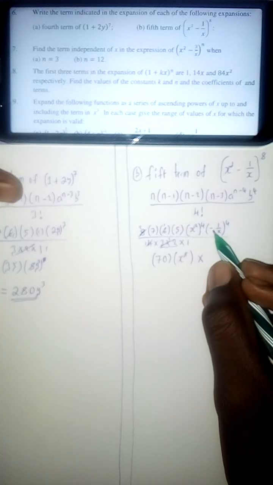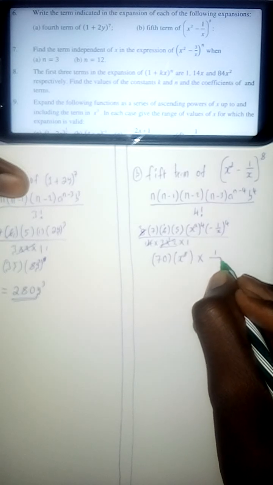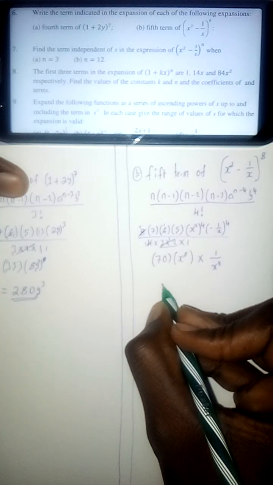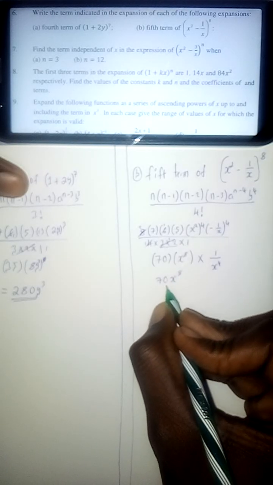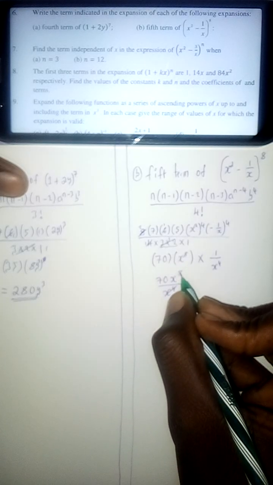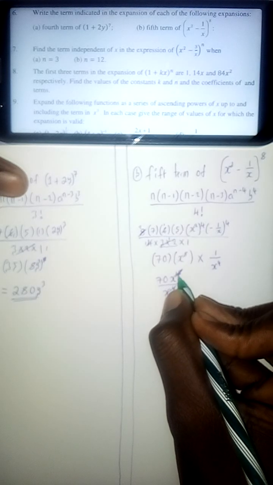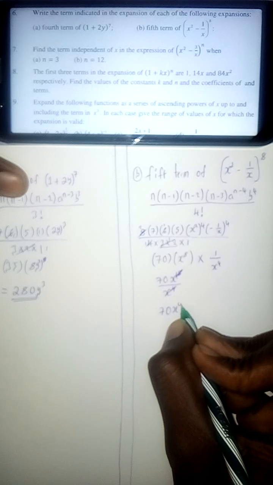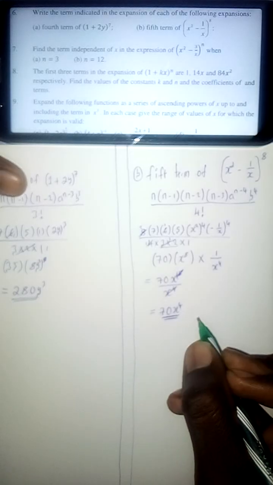So on top we're going to have 1, and down there we're going to have x raised to the power 4. So when you multiply, we have 70 x raised to the power 8 over x to the power 4. When you cancel out, on top we remain with x to the power 4. I think that is clear, guys.